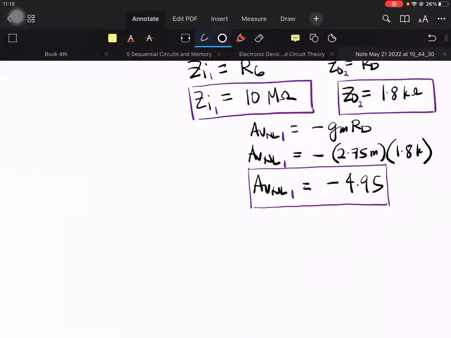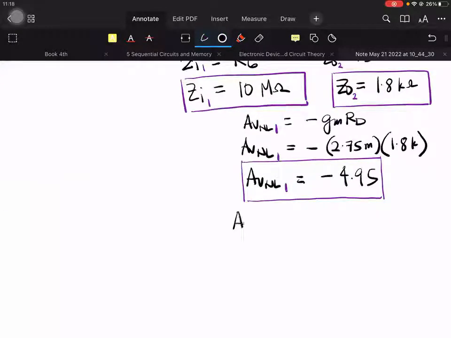If you remember the formula for AVL, it is in the topic on cascaded two-port systems notes.